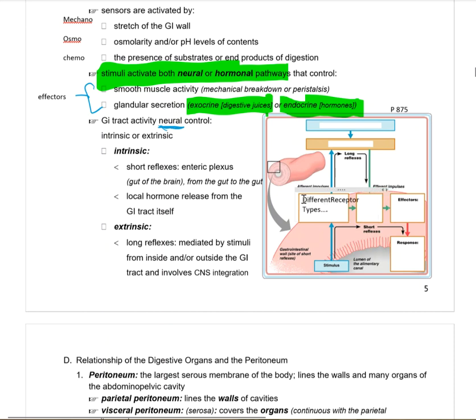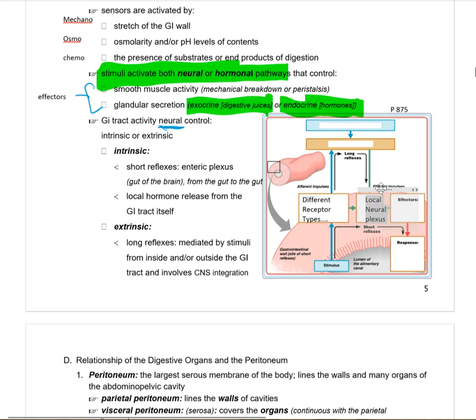And these go along what we call a local neural plexus.